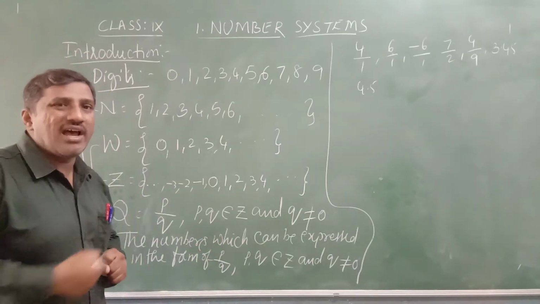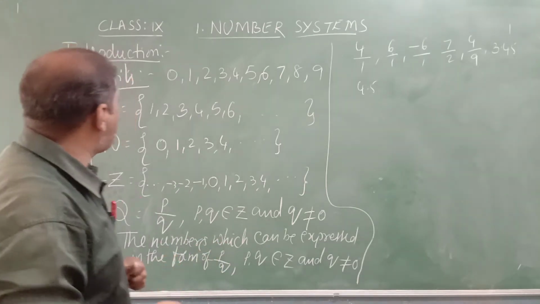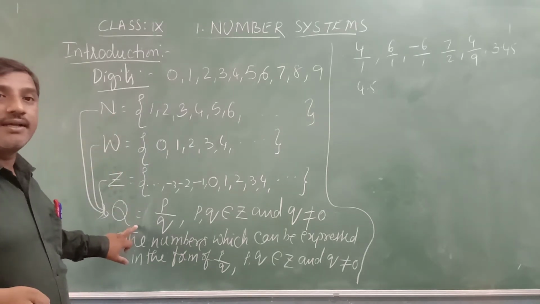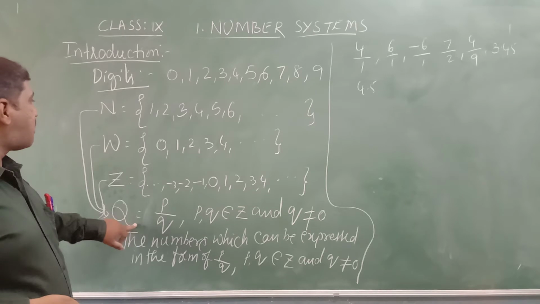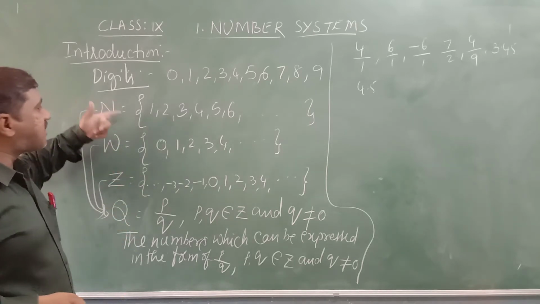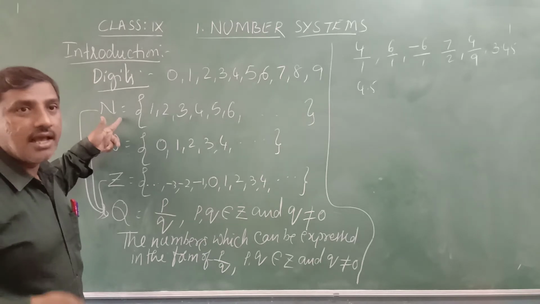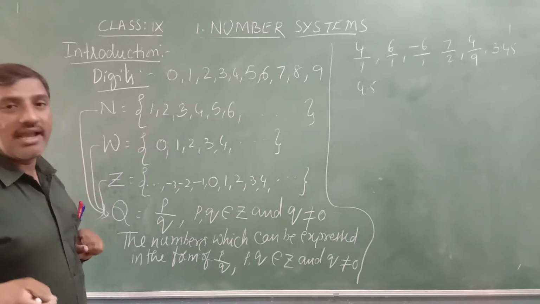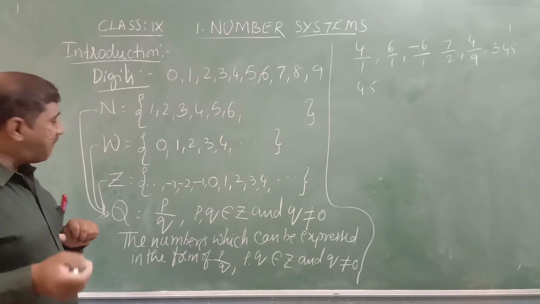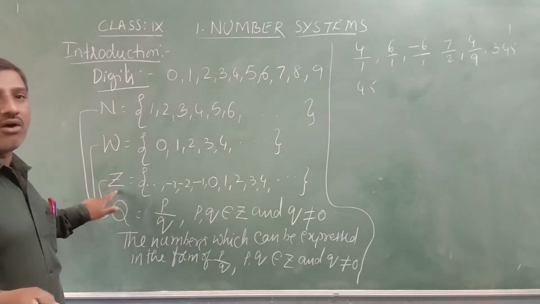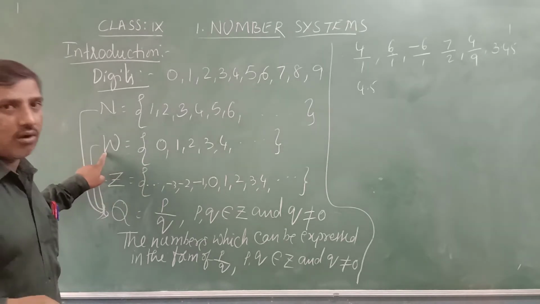Now here, n number of questions can be asked. All natural numbers are whole numbers, but all whole numbers are not natural numbers, because 0 is a whole number and it is not a natural number. Similarly, all whole numbers are integers, but all integers are not whole numbers.